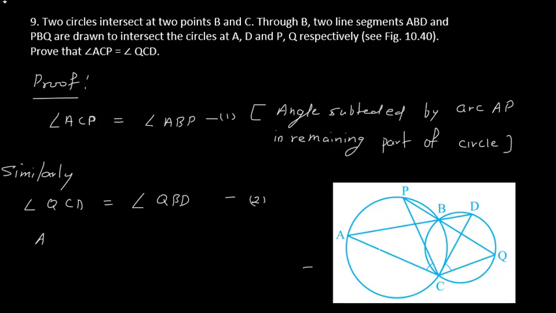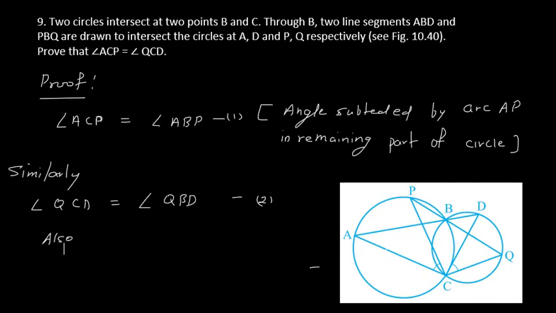Also, we can say that angle ABP is equal to angle QBD. This is equation 3, and the reason is vertically opposite angles are equal, right?